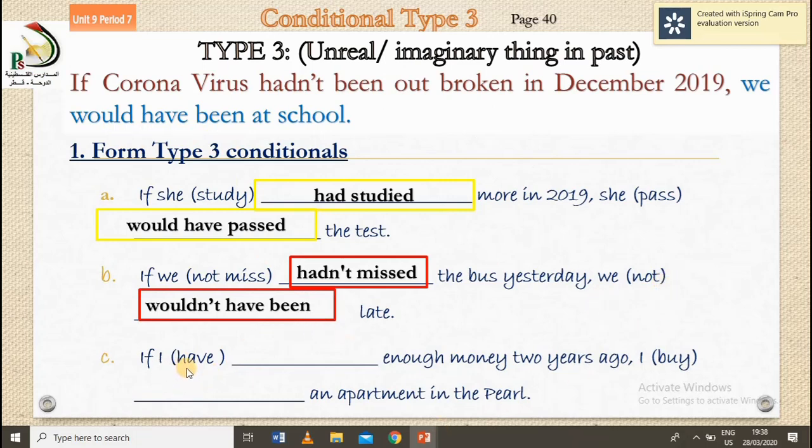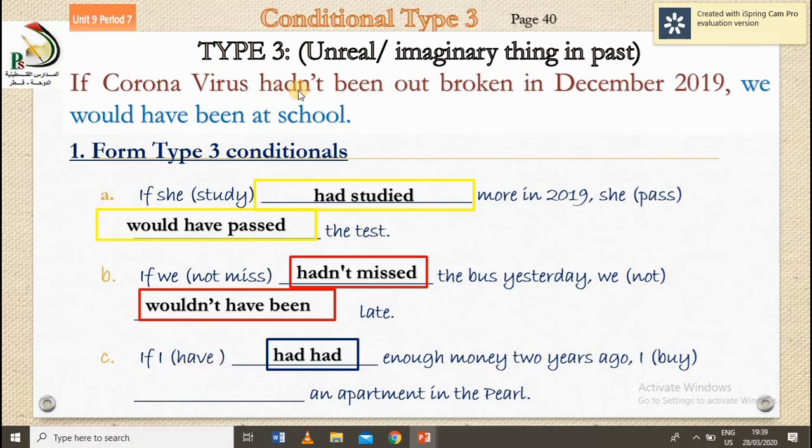If I have is the main verb, but we must put what? Had is the helping verb and have is the main verb. So if I had had enough money, why two times had? I know that you might be thinking about it. See, one had is the past perfect had, that is the helping verb, okay? And one have is the main verb.